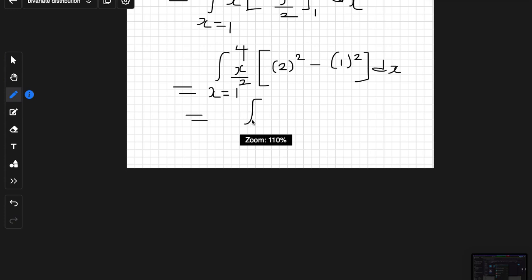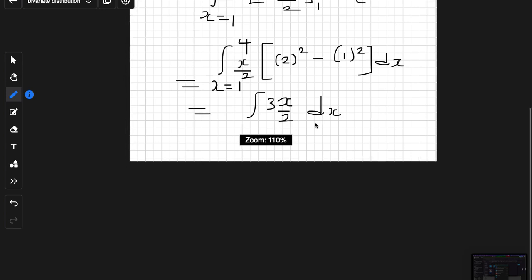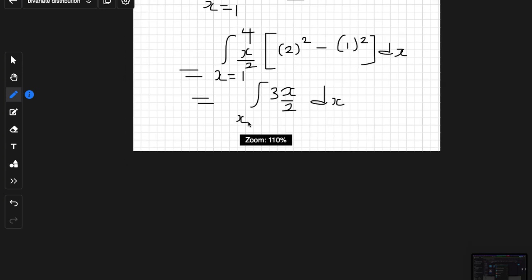Okay, integral of x over 2. This time around, when you do this math, 2 squared minus 1 squared should give you 4 minus 1, and that should be 3. So you're going to have 3x dx. All right, that's settled. x will be taking values from 1 to 4.